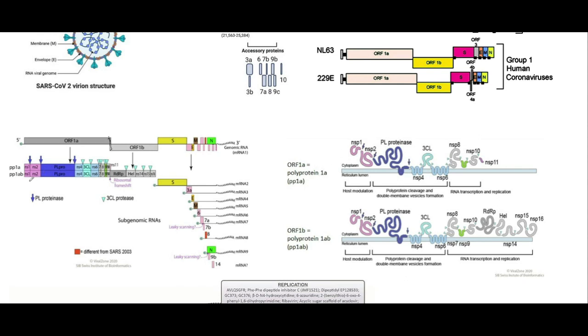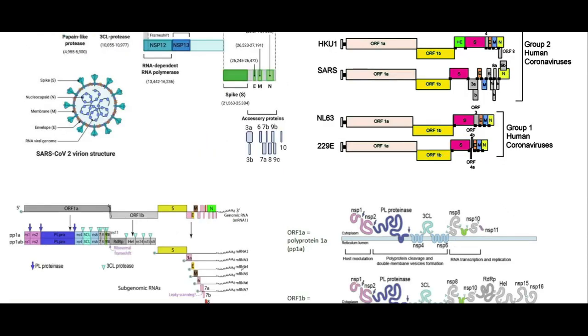If you translate the other open reading frame, the first few proteins are the same up to NSP10, and then you switch to that other open reading frame and generate these proteins here, which are then cleaved by things like this PL proteinase and this 3CL. Those are both enzymes that cleave proteins at these particular sites.